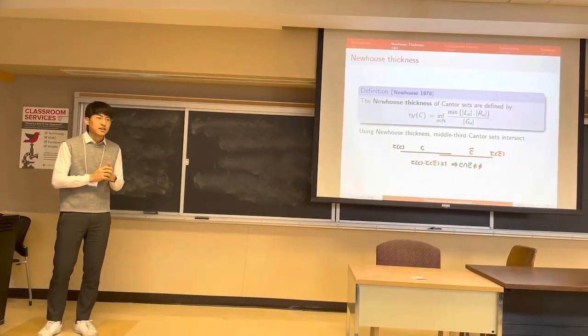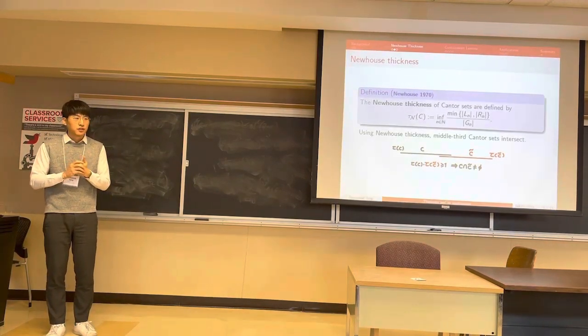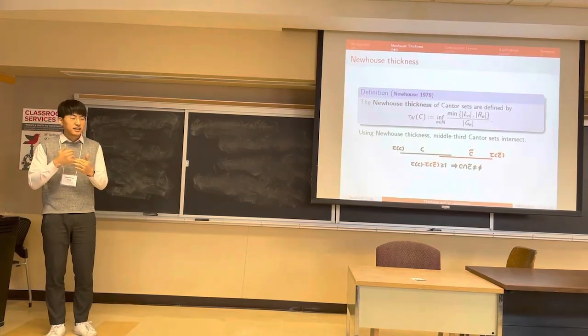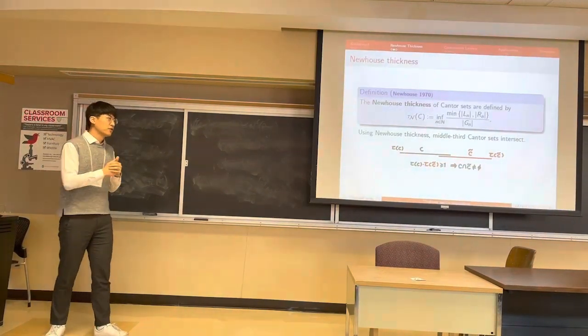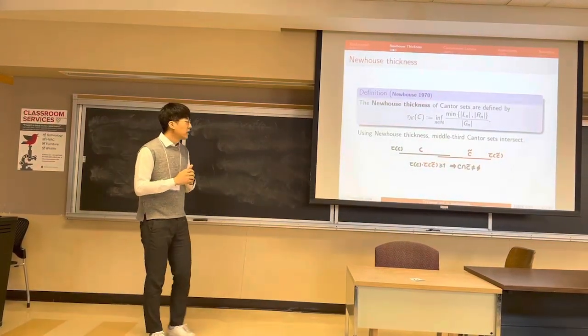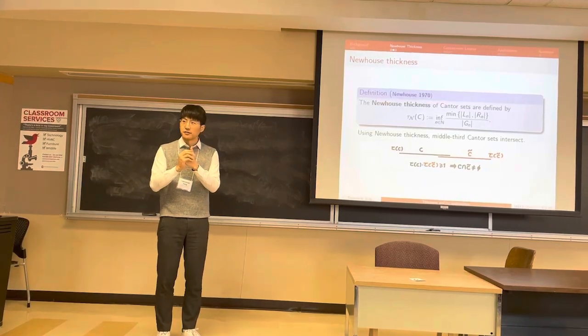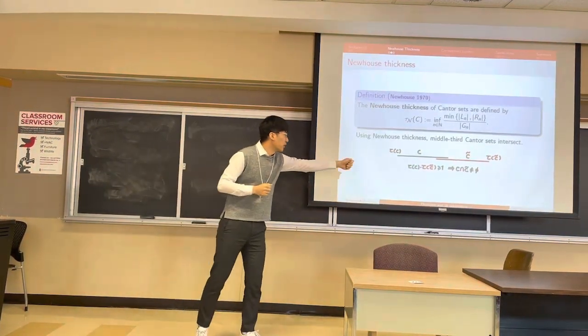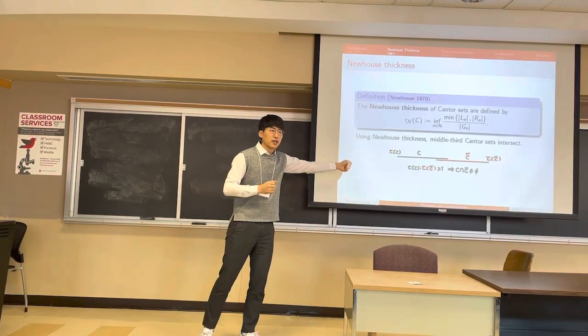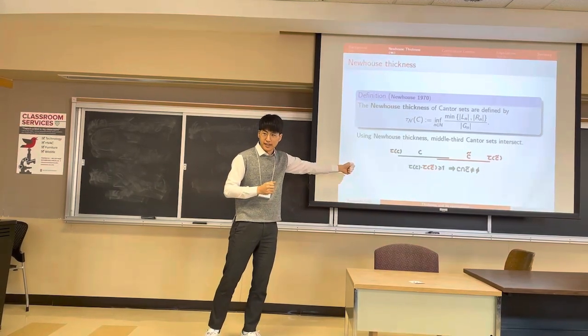In 1970, Newhouse defined an important notion called Newhouse thickness, which exactly defines this notion for all Cantor sets. And this is very useful because we can have the following result. If two Cantor sets are thick enough, so they have big enough sizes, meaning that the product of thickness is greater than or equal to 1, then those two Cantor sets are guaranteed to intersect.